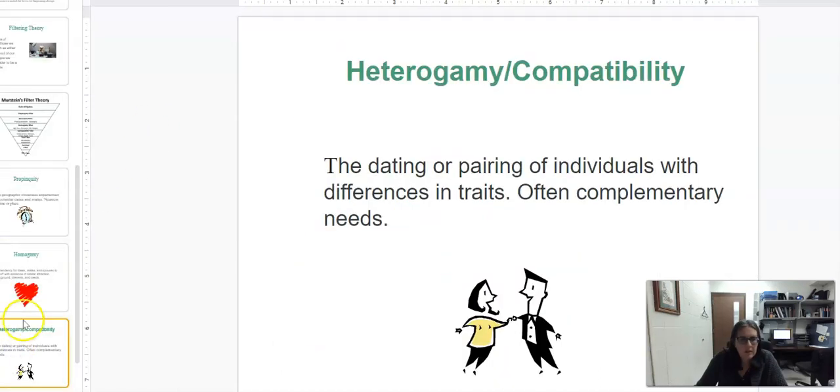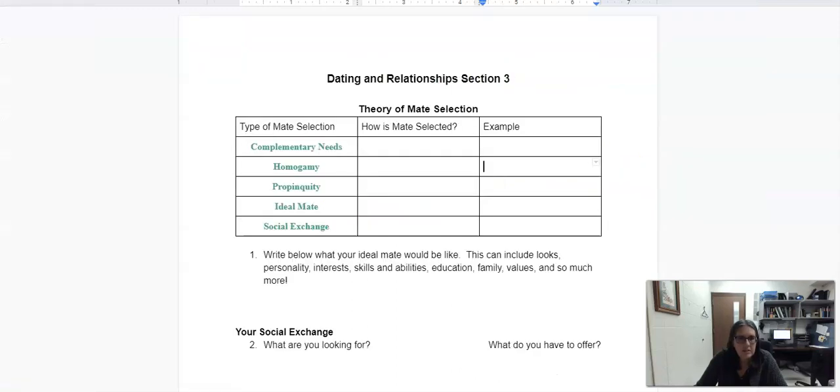Okay. We have heterogamy as compatibility, which is dating or pairing individuals with differences in traits. So often they can be complementary. So this is the complementary needs one, so filling that in there. So you could have an example of someone that's very good at communicating their likes and dislikes, and you can have another person that maybe is really good at listening and responding to things.